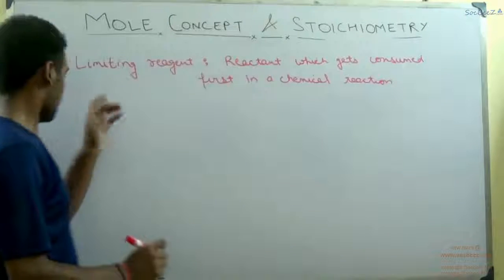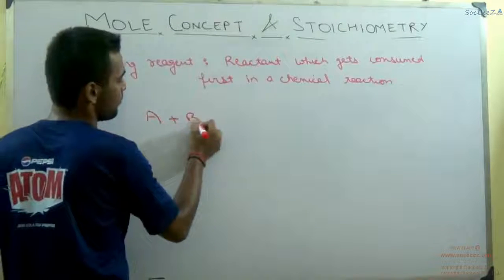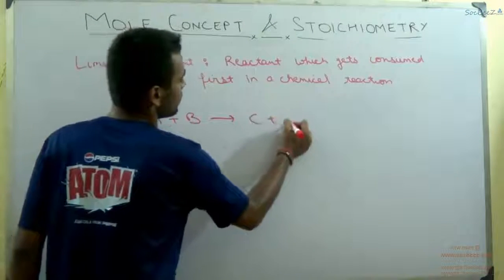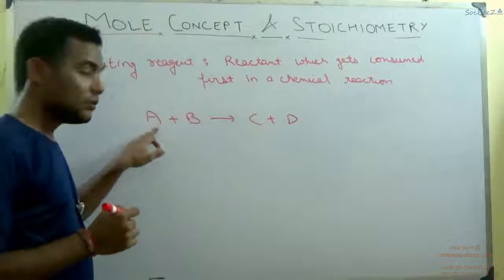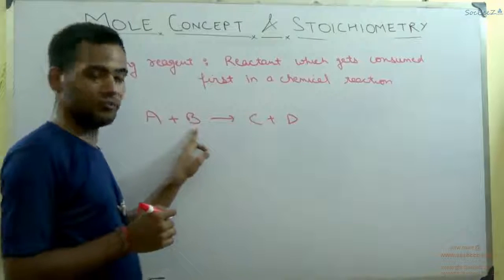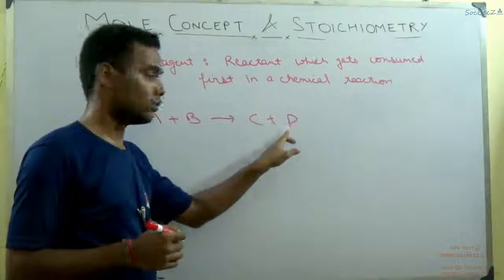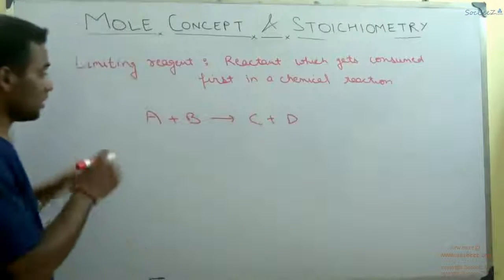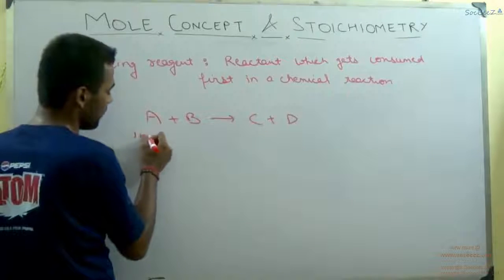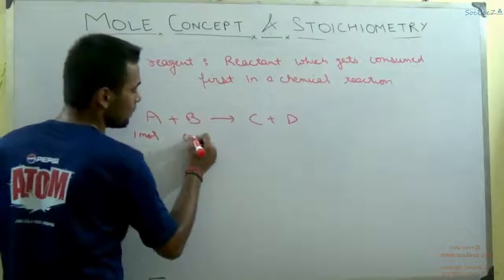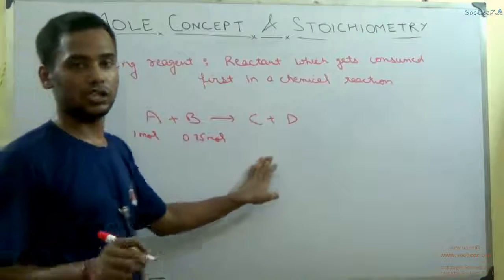Suppose a reaction is taking place, A plus B gives us C plus D. Here 1 mole of A combines with 1 mole of B, which gives 1 mole of C and 1 mole of D. Now suppose at the start of the reaction we are given 1 mole of A, 0.75 mole of B, and there will be no C and D at the start.